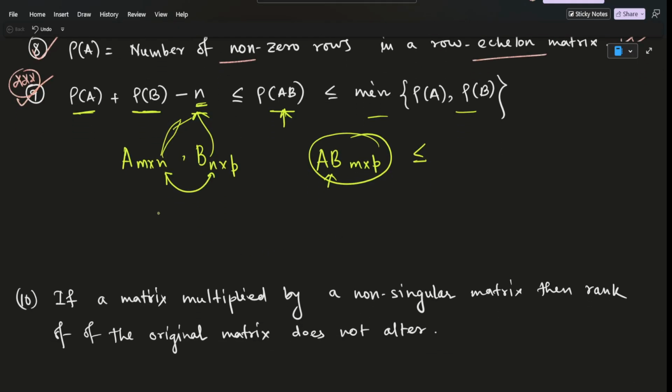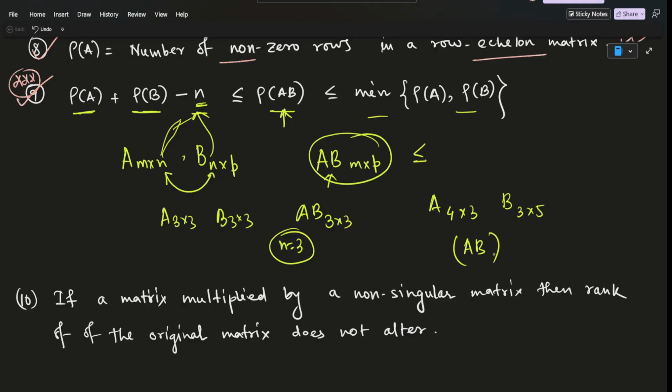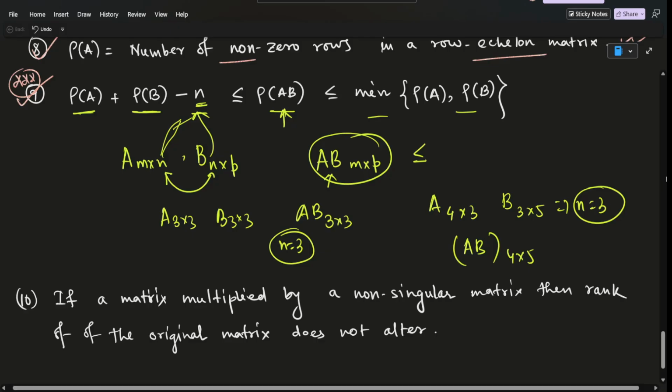For square matrices also, if A is 3 by 3 and B is also 3 by 3, then the order of AB is 3 by 3, and the n value is 3. And if A is, suppose, 4 by 3 and B is 3 by 5, then the order of AB is 4 by 5, and in that case the value of n is equal to 3. Fine. So this is n.